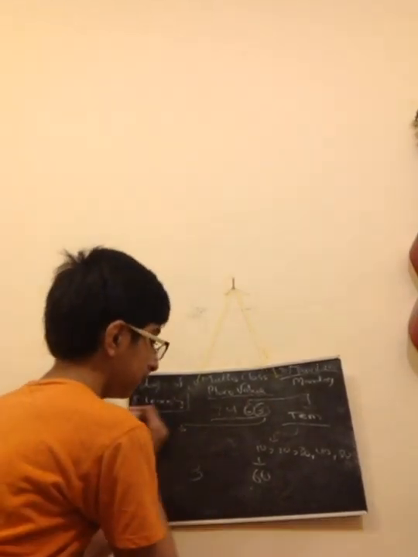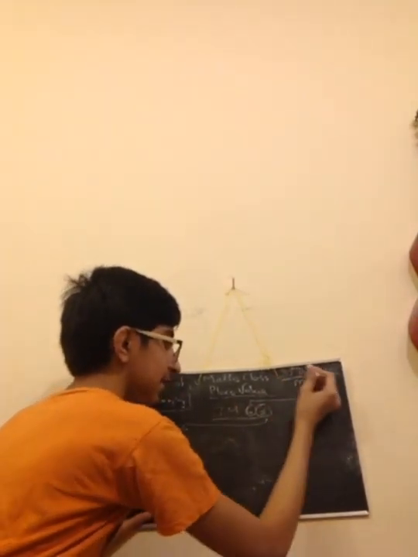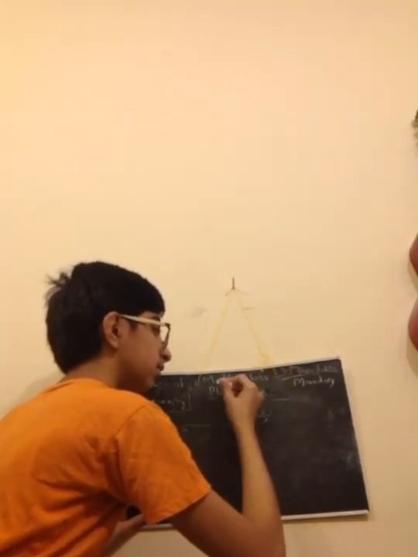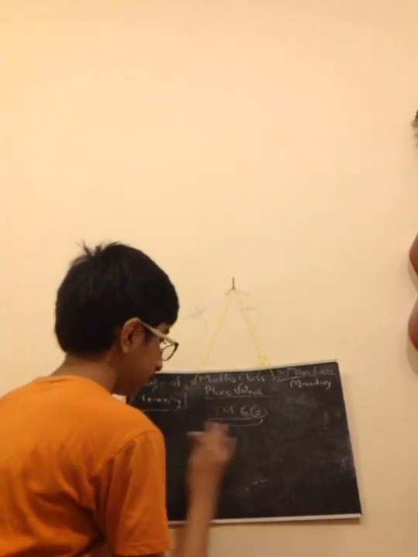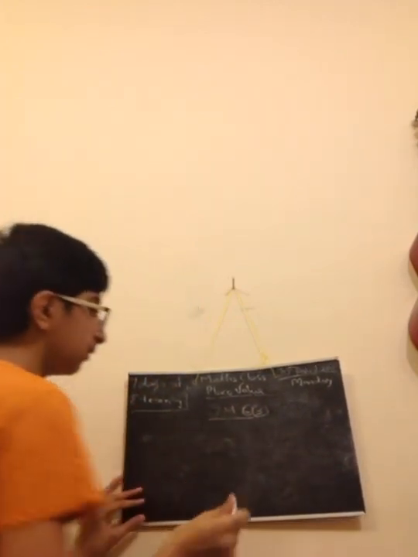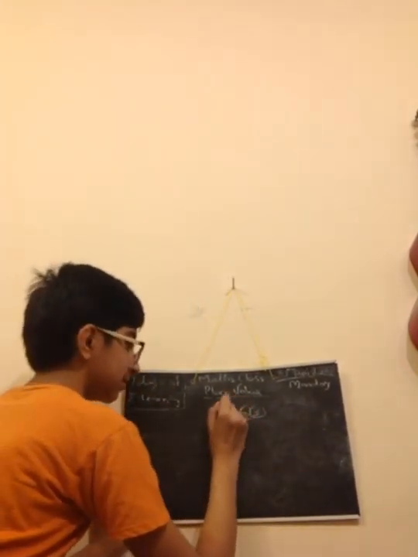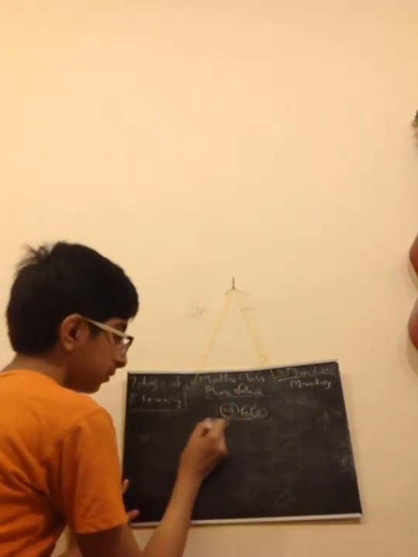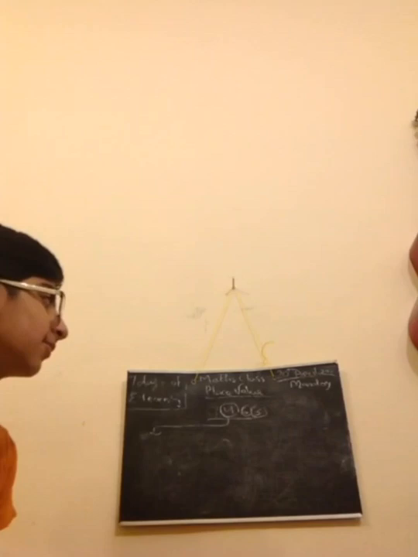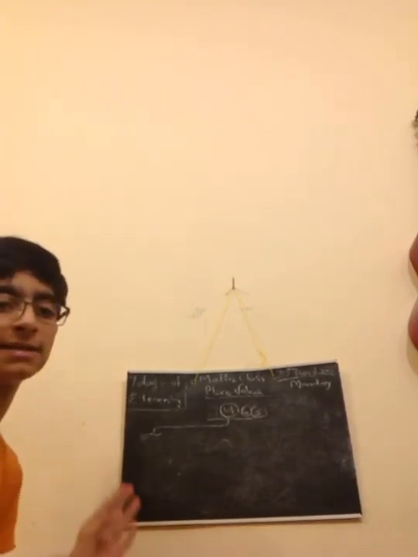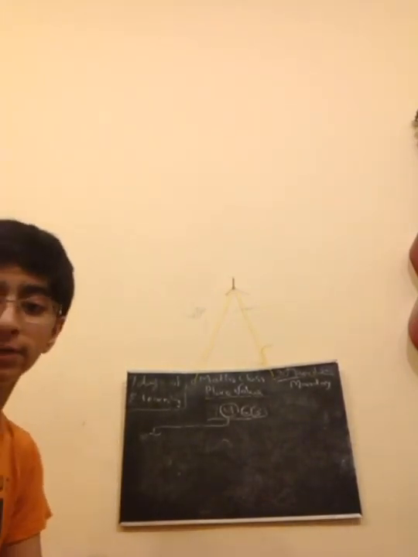Now we will erase this. Let's proceed to 4. It is not so complicated. You might be thinking that as we are going towards the left side it is getting complicated. No, it is not.